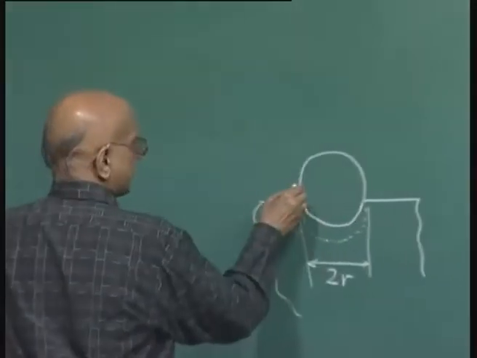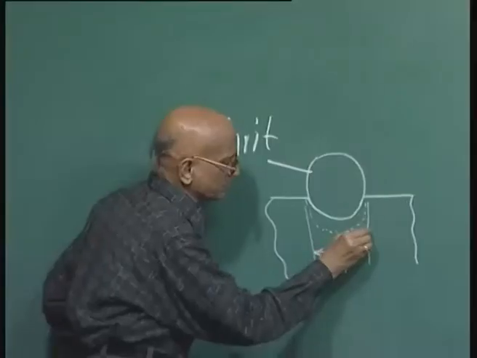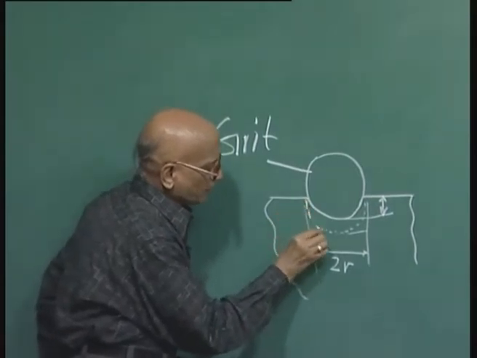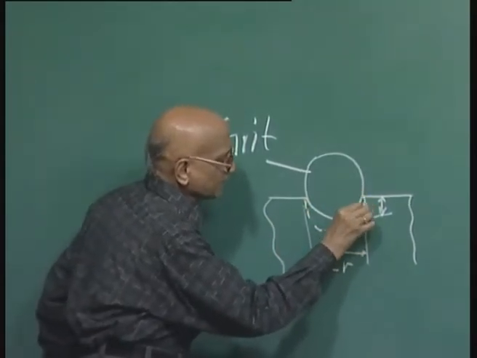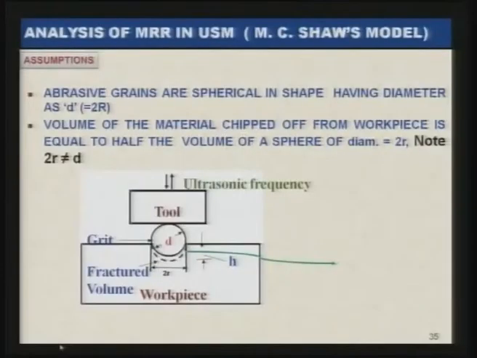As you can see here, this is the grit, and when it is penetrating up to this depth, it is assumed that the volume of this is equal to the hemisphere having the diameter equal to 2 r. Here is the tool which is vibrating ultrasonically, and here is the grit having diameter d, and 2 r is the diameter of the hemisphere of the fractured volume.